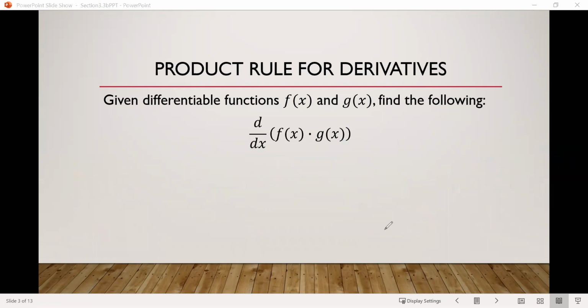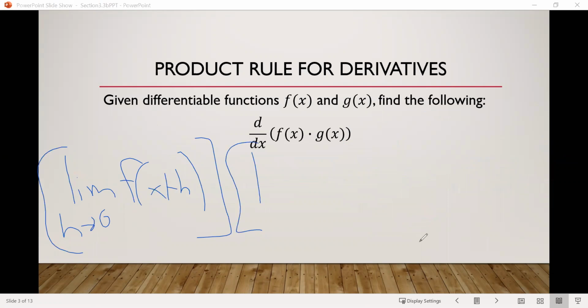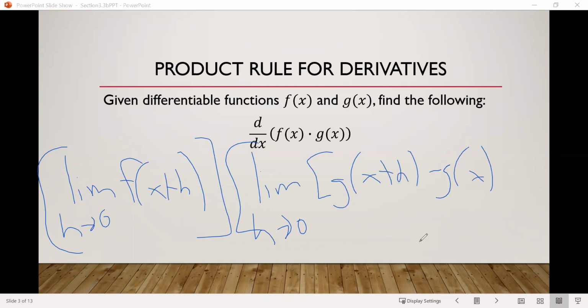So what this becomes then is the limit as h goes to 0 of f of x plus h times the limit as h goes to 0 of g of x plus h minus g of x all over h.